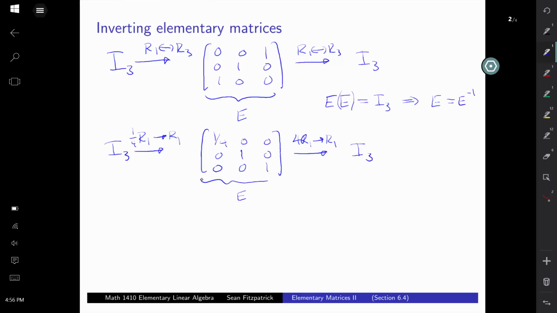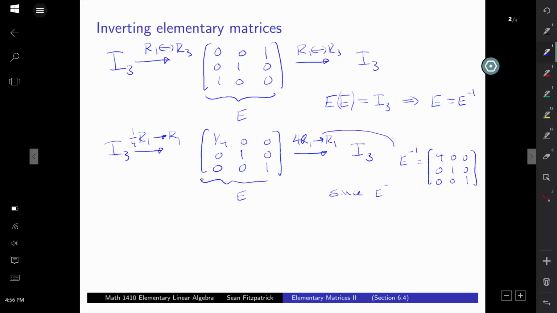But I also know that this row operation is encoded by an elementary matrix, which for reasons as above must be the inverse of the one I started with. And so this is 4 0 0, 0 1 0, 0 0 1.